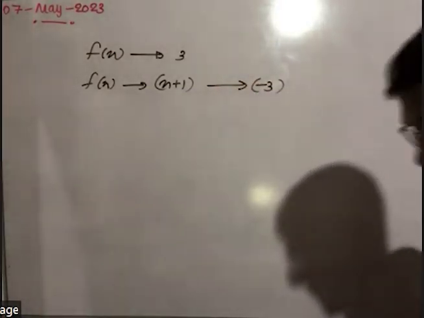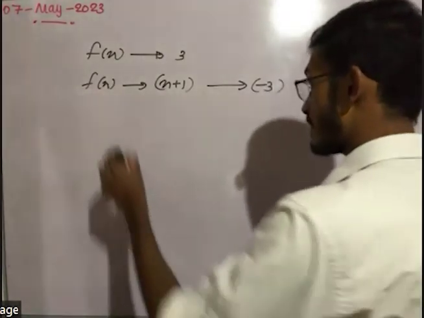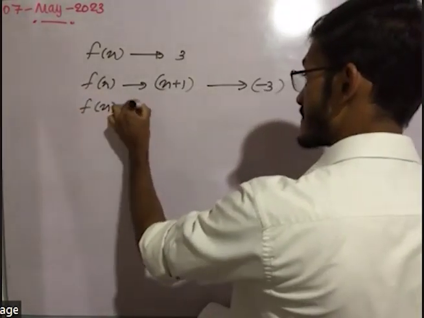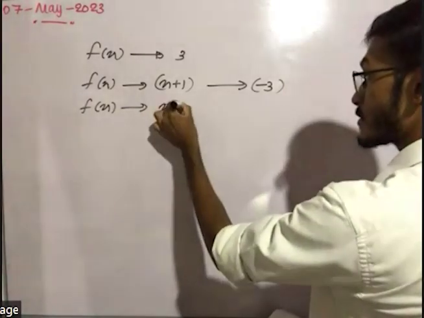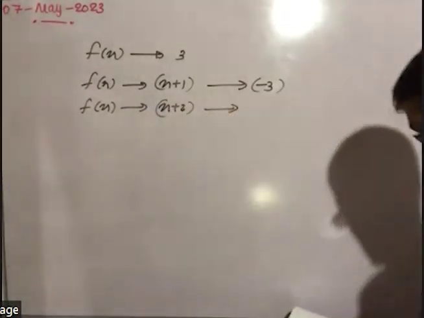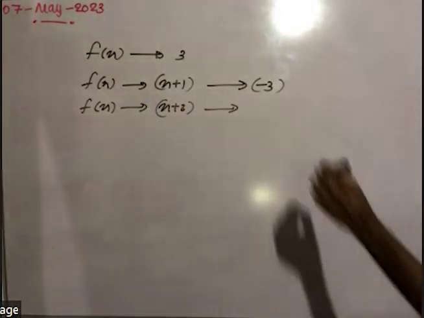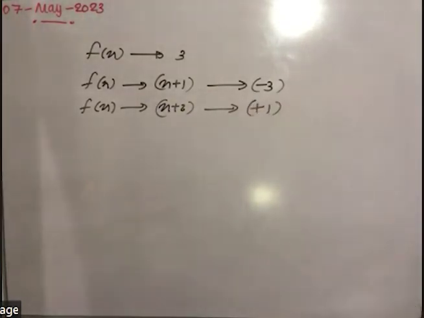Right? Next, write down, when fx is divided by x plus 2, the remainder is positive 1.